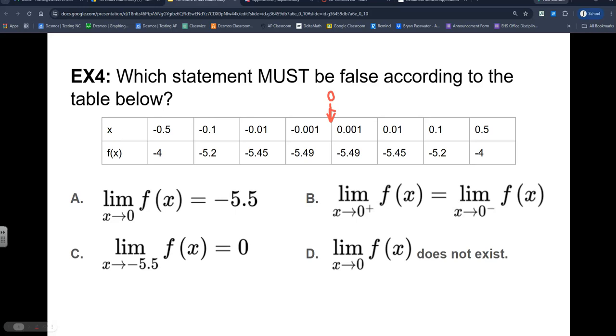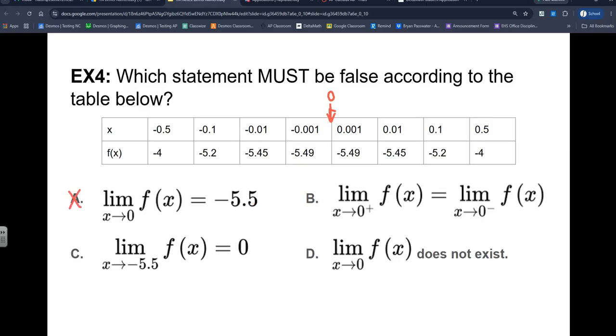Right? Limit as x approaches 0 of f of x equals -5.5. Should we say that must be false? I would say it looks like it's probably true, right? Like, I don't know for sure, but it looks like that. But from both sides, I'm approaching -5.5.